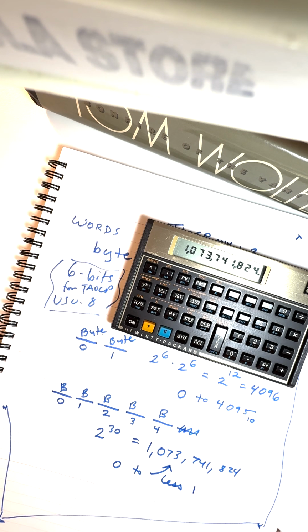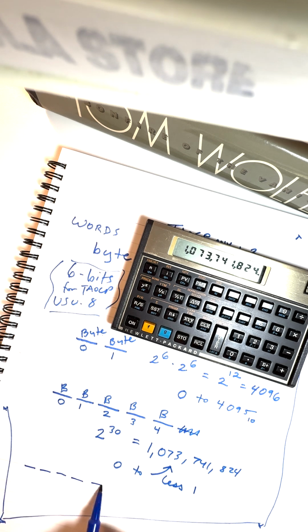Now we get to what a computer word is. So in my little bit of room left on the page, a computer word consists of 5 bytes and a sign. So 1, 2, 3, 4, 5, 6, and 0, 1, 2, 3, 4, 5 for the index.